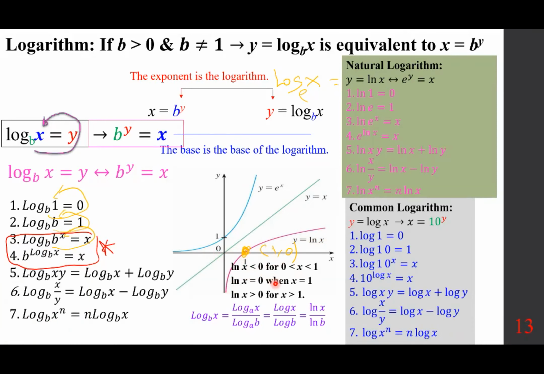At 1, it's precisely 0. And when it's beyond 1, ln x becomes positive. So that's also a good thing to remember. And it comes from the graph. You really don't have to memorize anything. All you have to do is remember the graph, and you're in good shape.